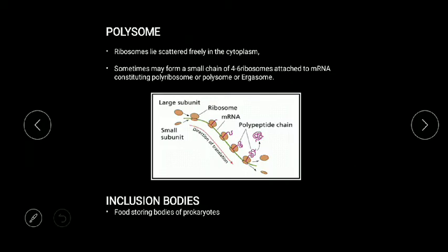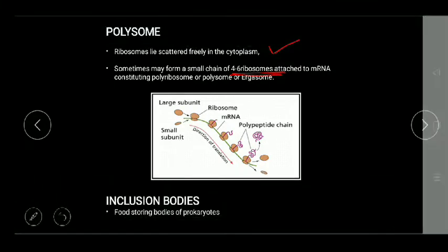Next we talk about the polysome. What are polysomes? Poly means multiple, and some represents ribosome. Ribosomes usually lie scattered in the cytoplasm, but sometimes they may form a small chain of 4 to 6 ribosomes.